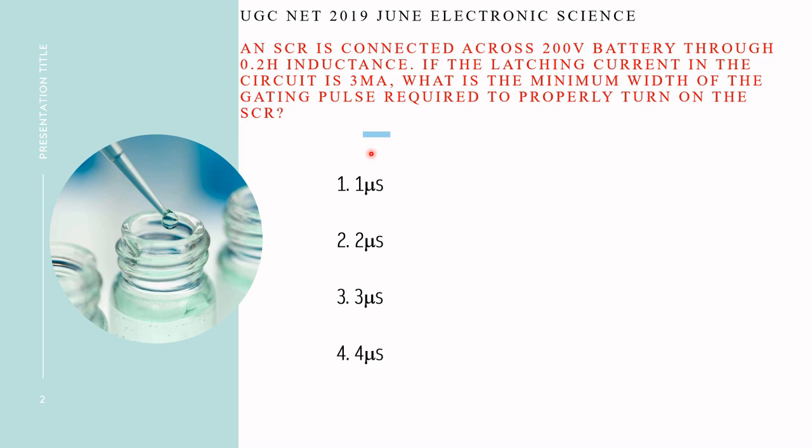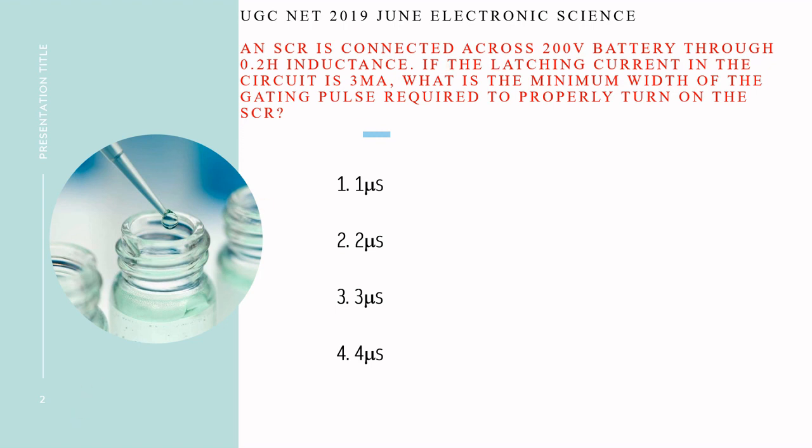How do we solve this problem? Given value is an SCR is connected across 200 volt battery. That means V is given here. And through 0.2 Henry inductance. That means L value is also given in the question. So from this we can easily get di dt.